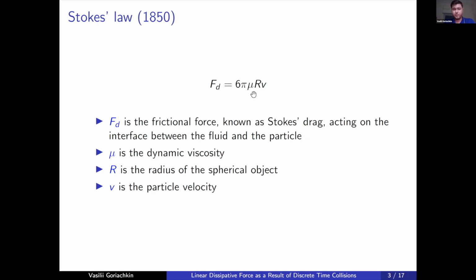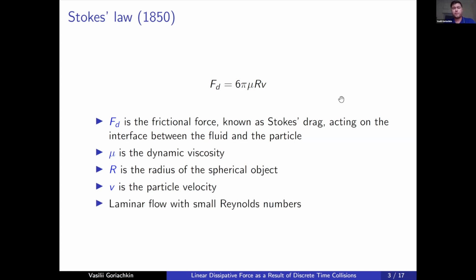So 6 times pi times mu and r is just a constant, which is multiplied by the velocity of the particle. This is exactly the force which depends linearly on the velocity of the particle.